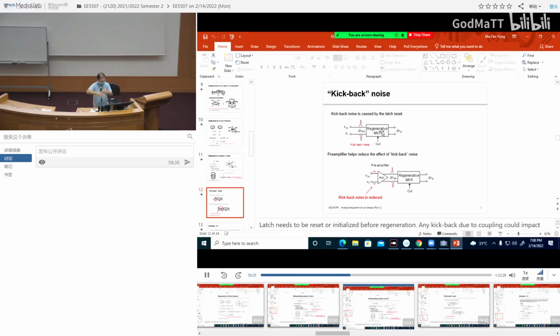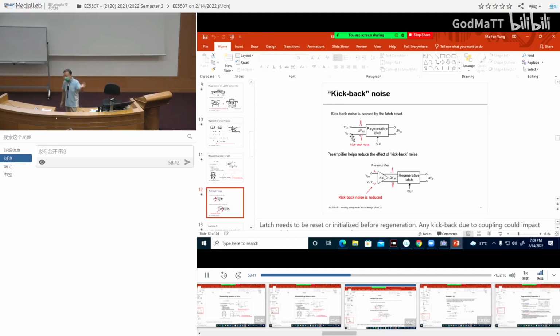As the latch circuit output is changing very fast, if there's any capacitive path, you couple back to the input, because we assume your input has some finite impedance. Of course, in simulation, if you just put an ideal voltage source there, you don't see any kickback, since an ideal voltage source has zero impedance.